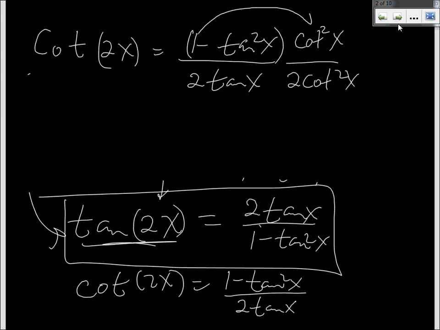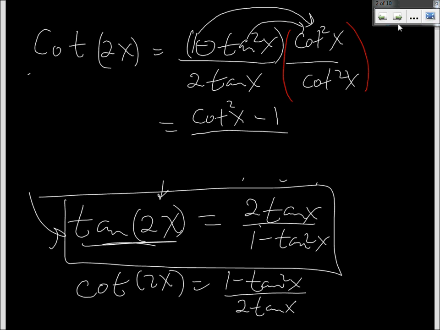You're going to get 1 times that, which is cotangent squared x minus, these are reciprocal, they're going to multiply out to 1. And of course, I have to multiply top and bottom by the same. Now, just remember that this here is cotangent x times another cotangent x.